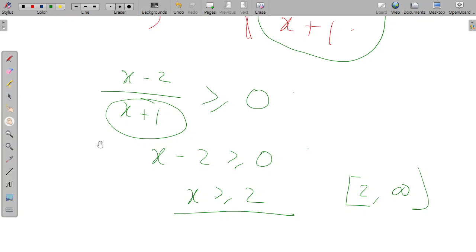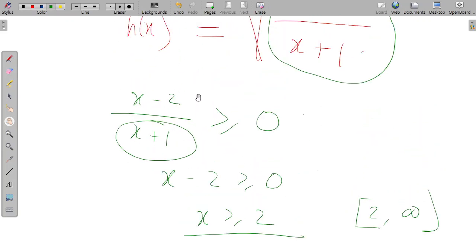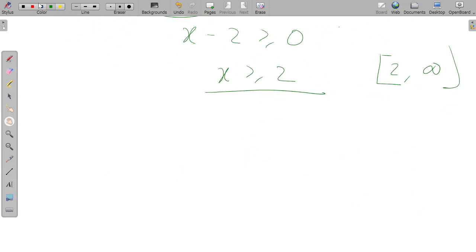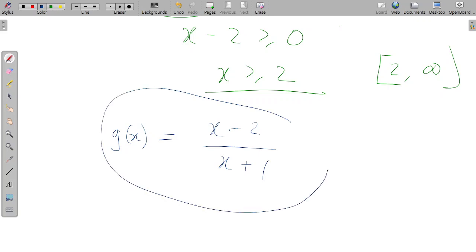In the real sense, if I'm given a function g of x equals x minus 2 over x plus 1, I will be looking for where x plus 1 is not equal to 0.